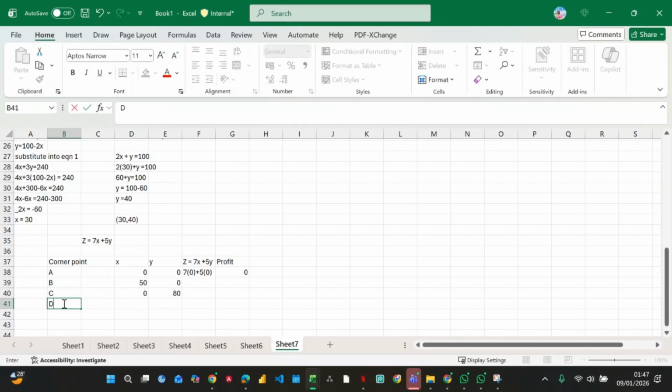We now have 0 and 80. Now this should be C. Then we have D is going to be 30, 40.